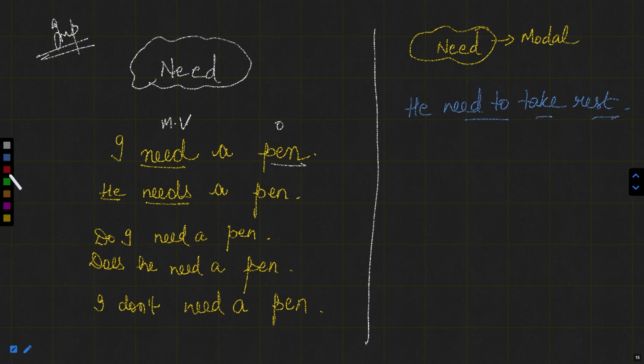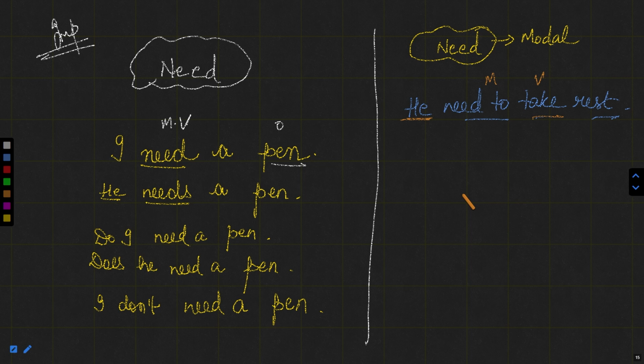So, need to is a modal and take is a verb in the first form, because after a modal we can only have the first form. Now, one more thing, if I am having the word he, it is he need to, not needs to. I cannot write needs to.